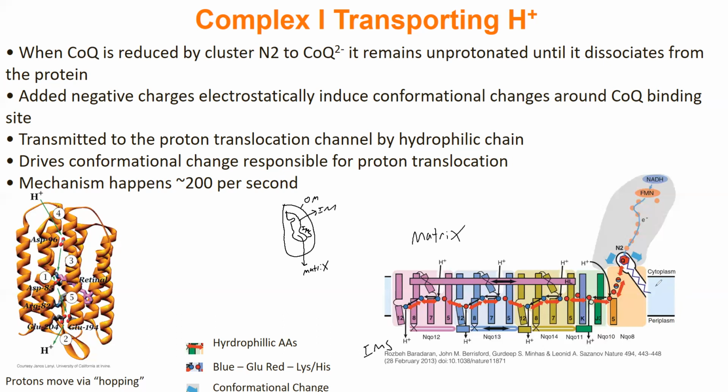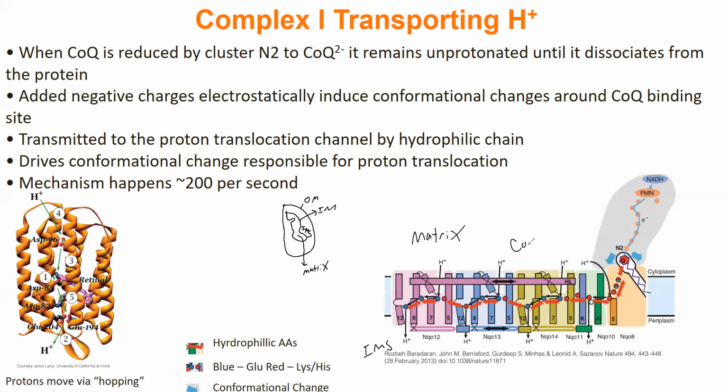And so the question is, when we look at complex 1, how does a reaction that happens up here affect the rest of the protein so that it can bring in hydrogens? This is something we talked about back in biochemistry 1 for different proteins, especially in terms of hemoglobin.